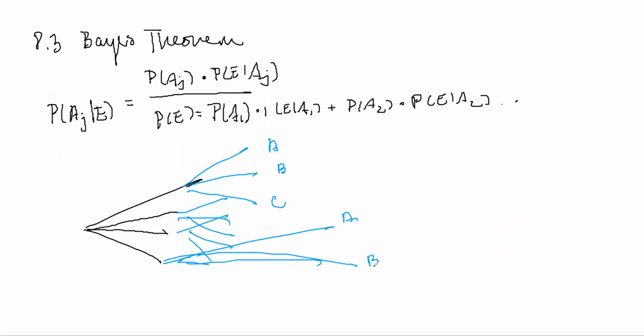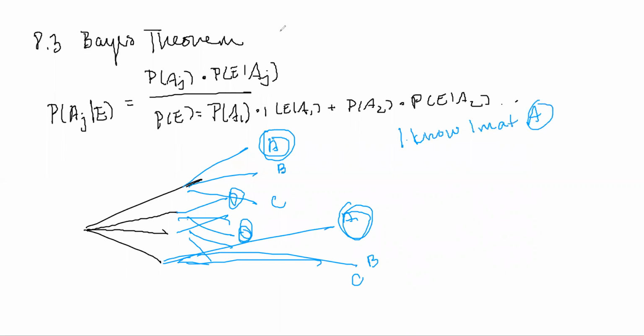So A, B, and C. Let's say I'm at A. So I know that I am at A. What are the chances that I came from this line, this line, this line, this line? How do I know the path that I took to get to A?